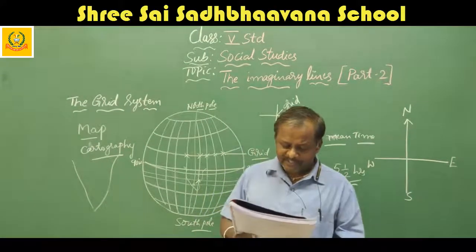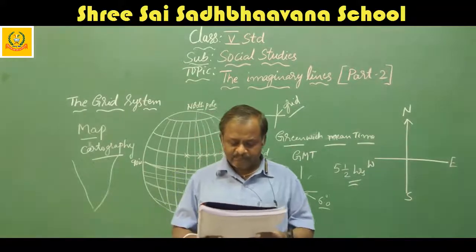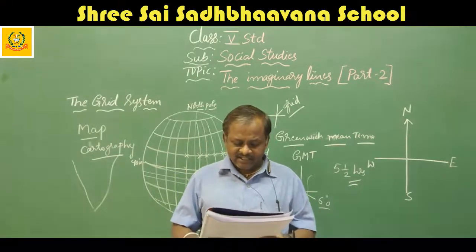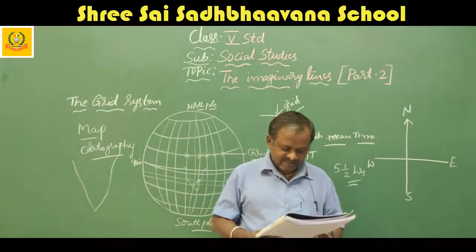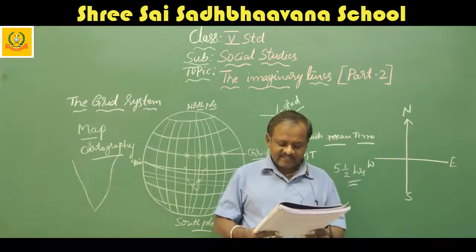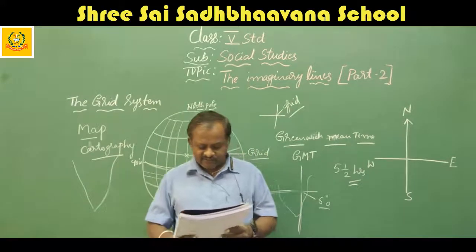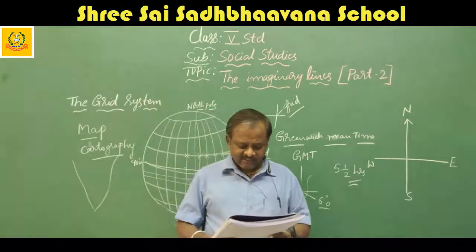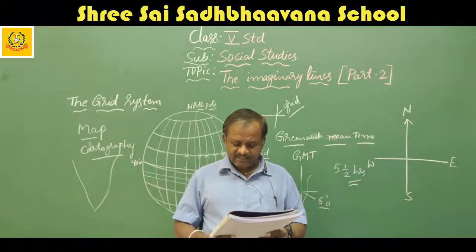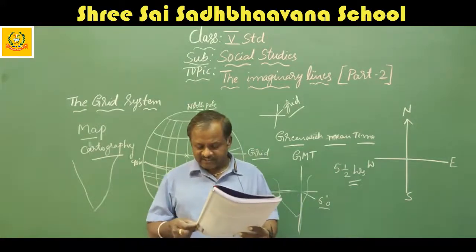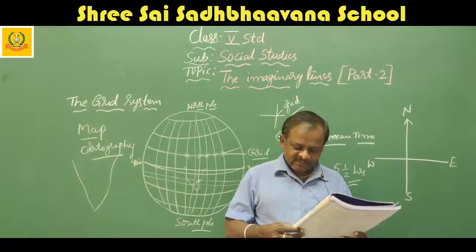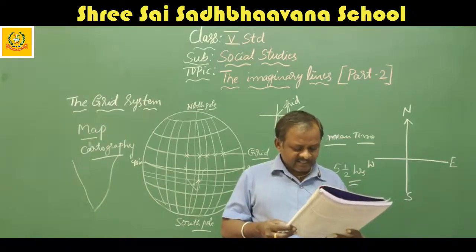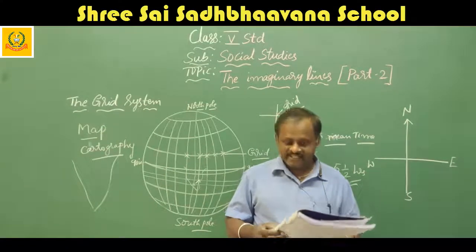When you place a map on a table, the top of the map is north, the bottom of the map is south, the right side of the map is east and the left side is west. When you know the four main directions, you can easily locate the sub-directions. For example, northeast lies between north and east, northwest between north and west, southwest between south and west, and southeast between south and east.